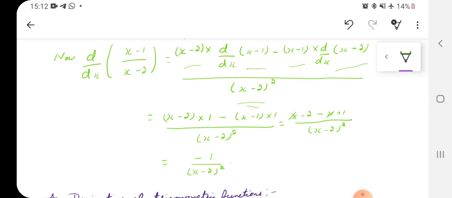Now solve this, you will get minus 1 by (x minus 2) whole square, right? So this was the derivative of (x minus 1) by (x minus 2). So this was the derivative for all the types of polynomials, whether they are in division, multiplication, addition or subtraction, or whether they are being multiplied with any scalar, right?